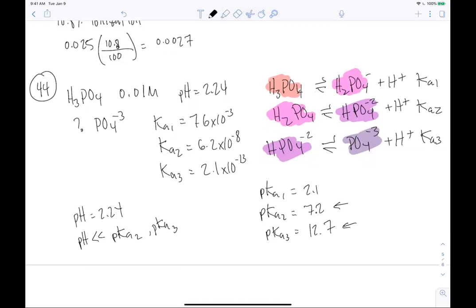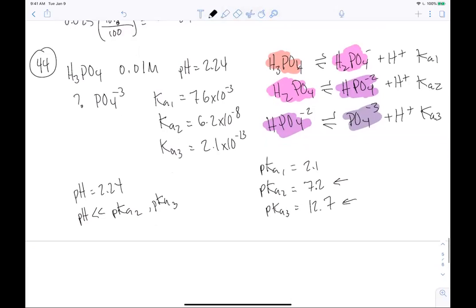That's not what they're at. Yeah, I took the negative log. I think you just use the Henderson-Hasselbalch equation. For the most part, when you're dealing with Ka values, I'm trying to think of how to explain why this is valid.